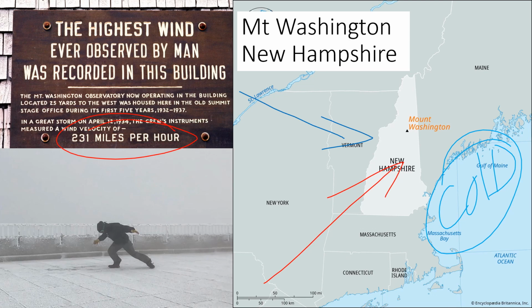So you got a lot of crazy changes in temperature and a lot of different air masses meeting. Plus you're up in a mountain, you're kind of raised up above the ground around you. So all of these things lend to Mount Washington considered to be the windiest place in our country, and it's actually the place where the highest wind speed ever was recorded over land.